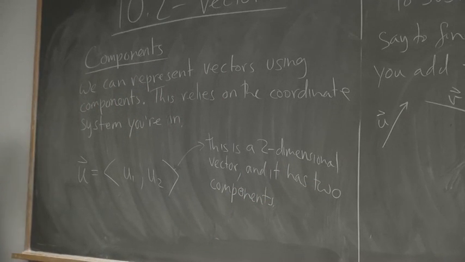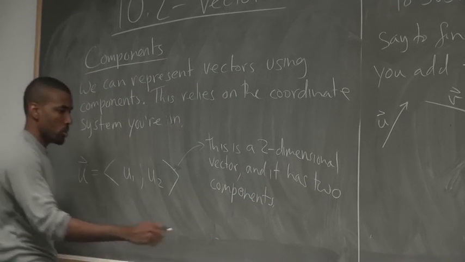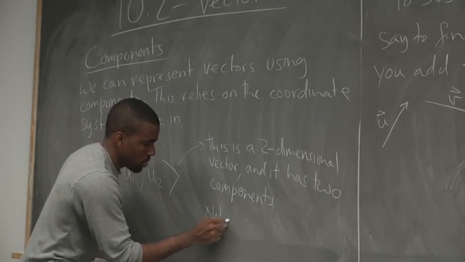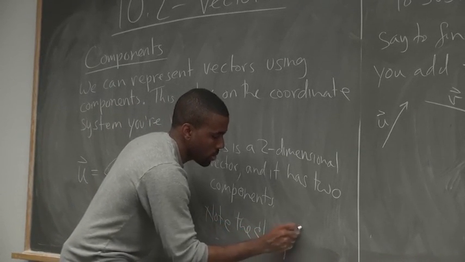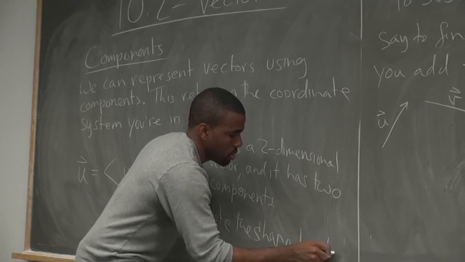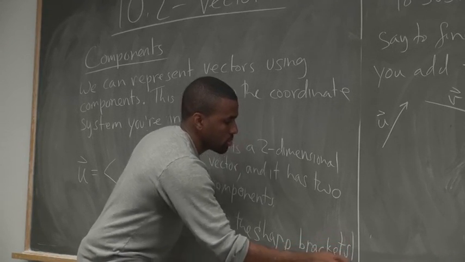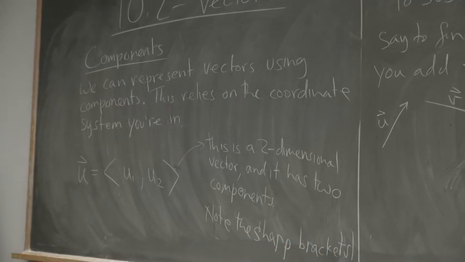So it's very similar to a coordinate, except note the sharp brackets, right? As far as notation is concerned, if you write parentheses and you write brackets, they're considered two different things.